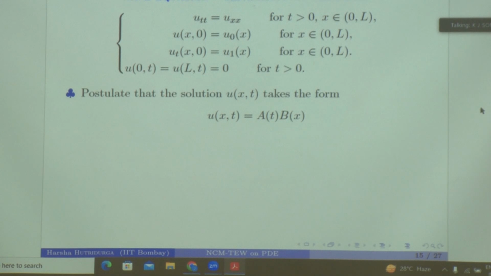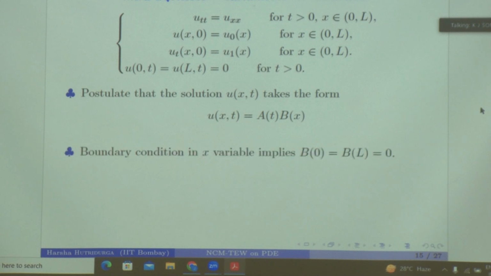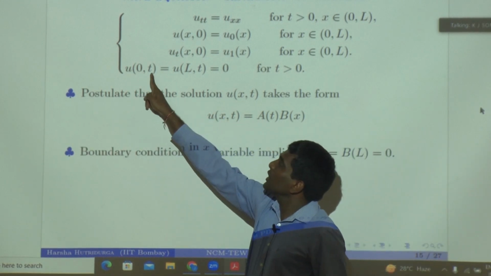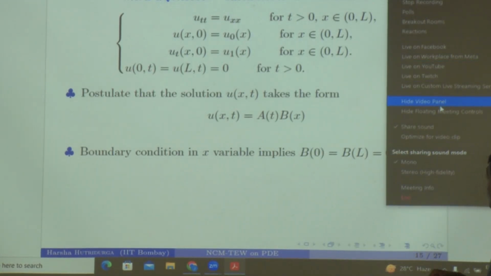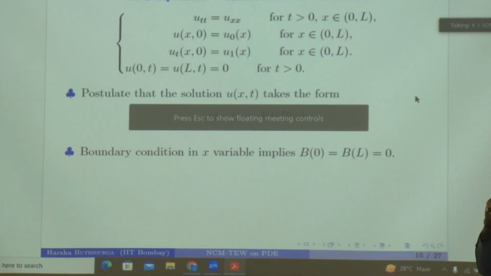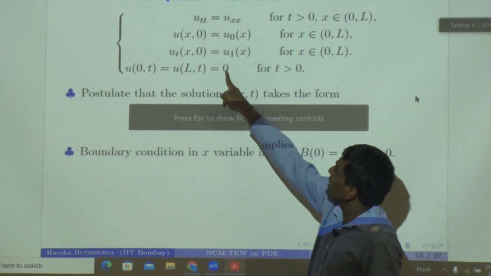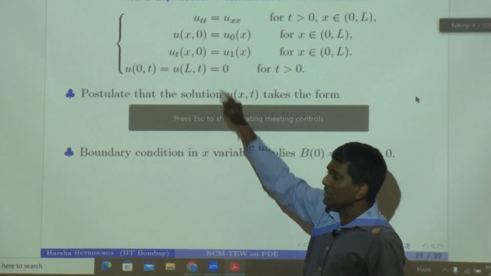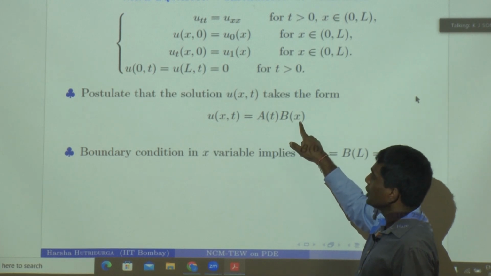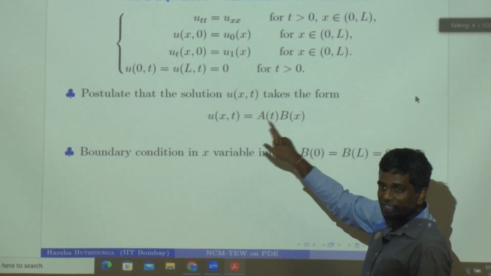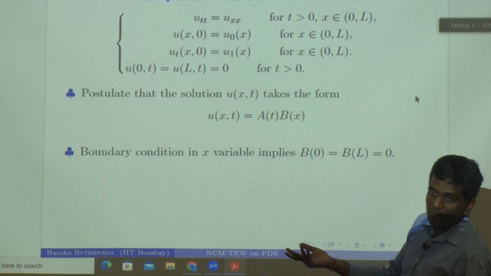Suppose that, okay, the solution has this particular structure. It's a of t times b of x. Then, because u of 0 comma t and u of l comma t should be 0, because we have this boundary condition, that means a of t times b of 0 should be 0 and a of t times b of l should be 0.